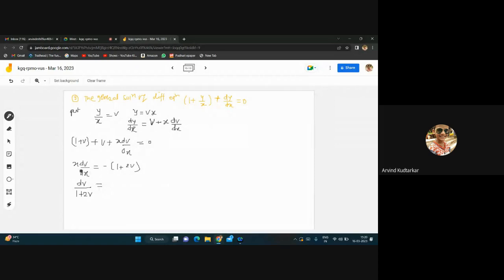Those terms having v, shift towards dv, and those terms in x, shift towards dx. So shift dx here: minus dx upon x. Taking integration on both sides, we get the integral of dv upon 1 + 2v equals minus the integral of dx upon x plus c.